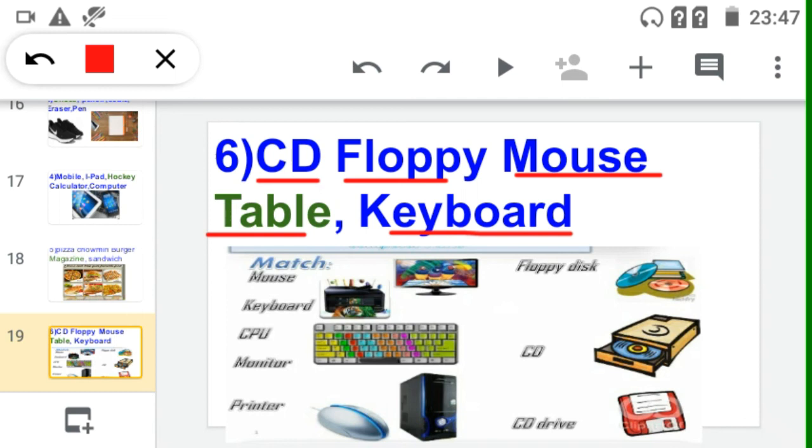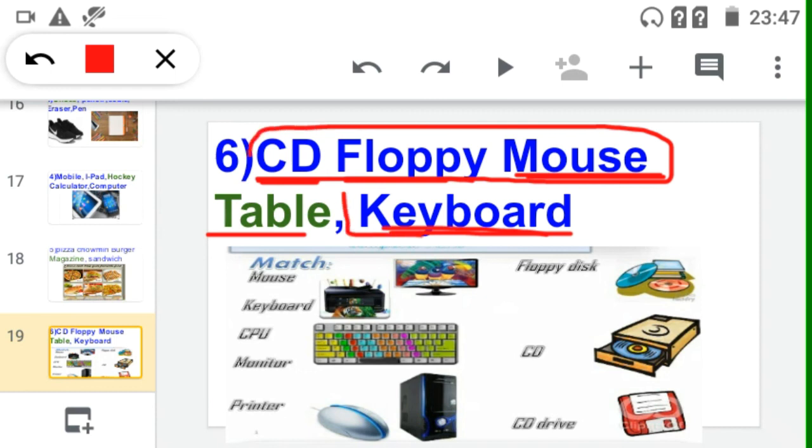When we are using a computer, at that time we are using a CD, floppy, mouse, keyboard. So these are the things of computers.